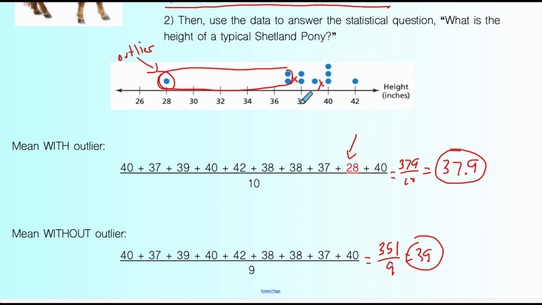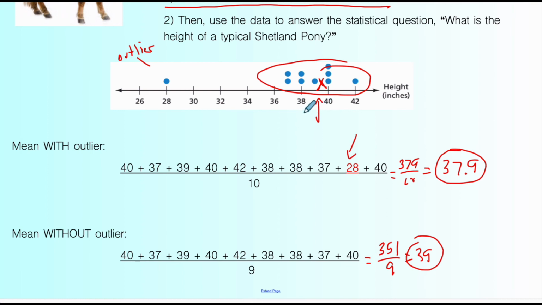It's less than all of the rest of them. Whereas this mean, the one that does not include the outlier, I think it's a better representation of the data set, because now it's smack dab in the middle of most of this cluster up here. We've got a cluster of points. This outlier is right in the middle. This is a better representation of the data set.